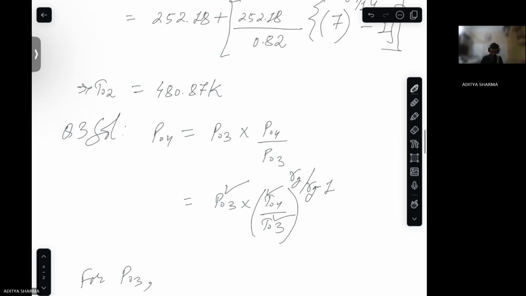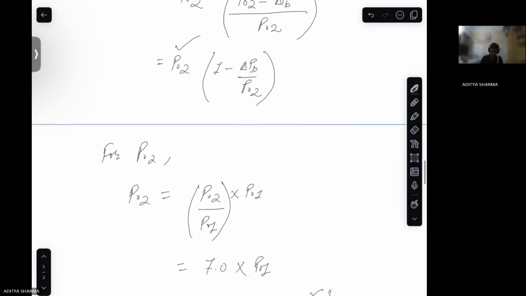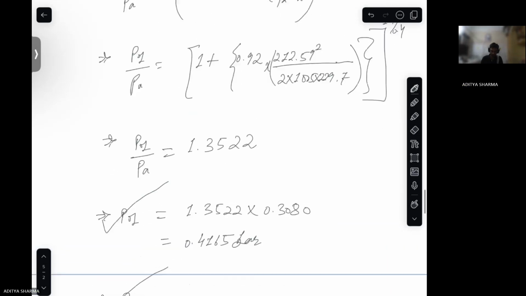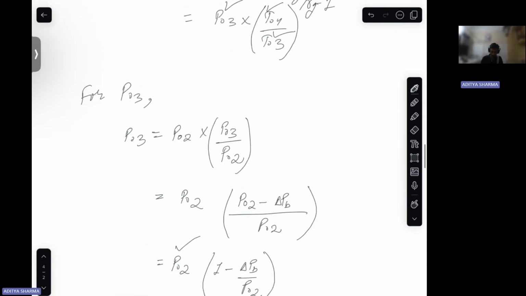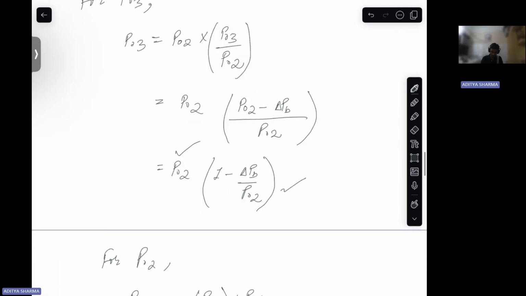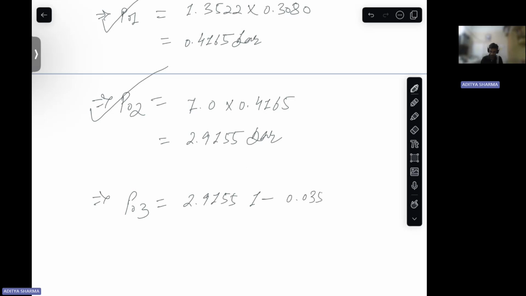Then P naught 2 we have, P naught 1 we have, and we can find out P naught 3. So P naught 3 we found out from here. So this implies P naught 3 is equal to P naught 2, that is 2.9155 into 1 minus delta PB by P naught 2, which is given as 3%, that is 0.035.